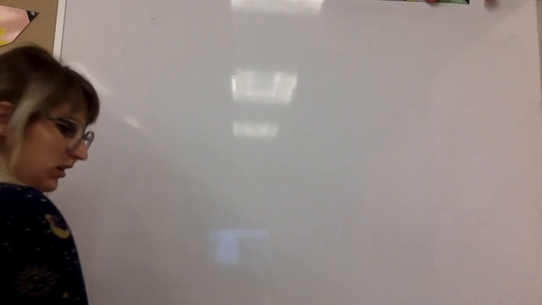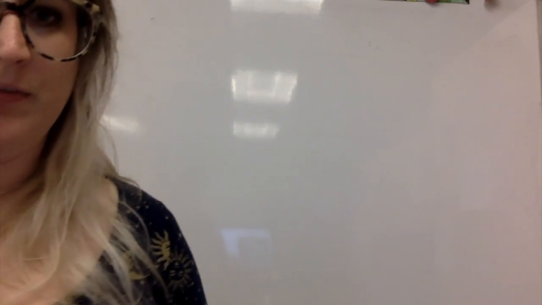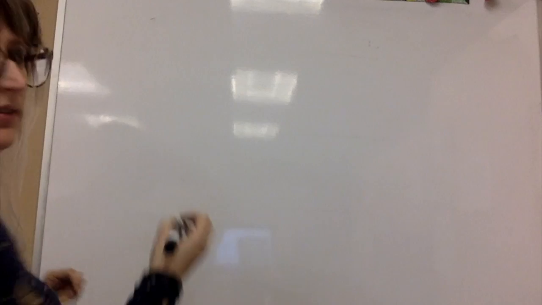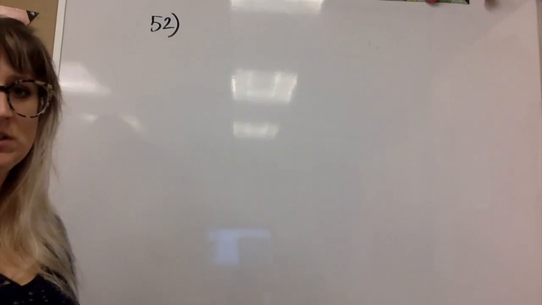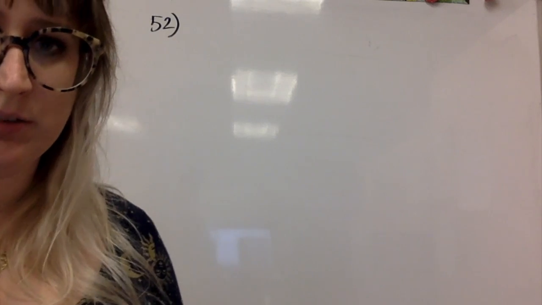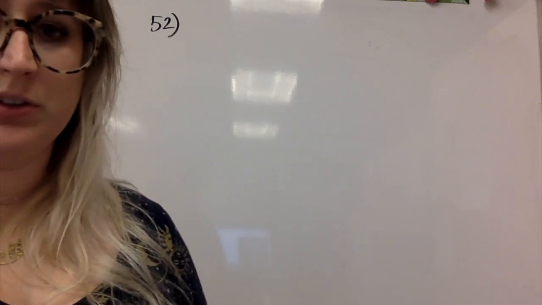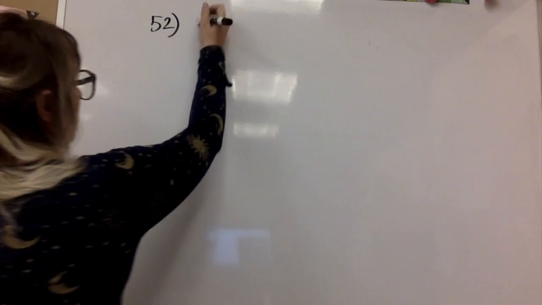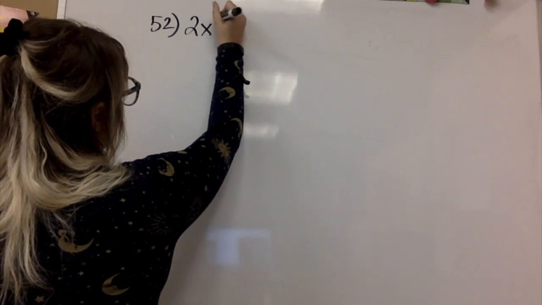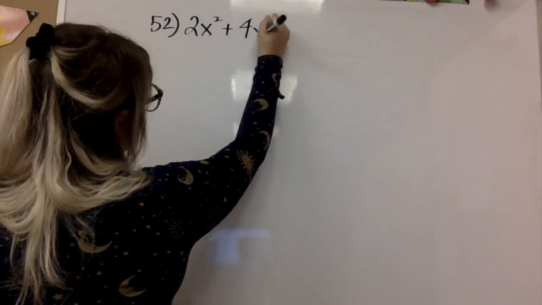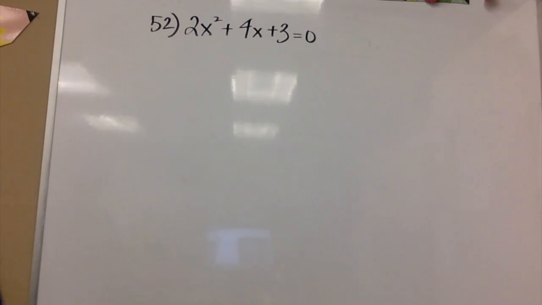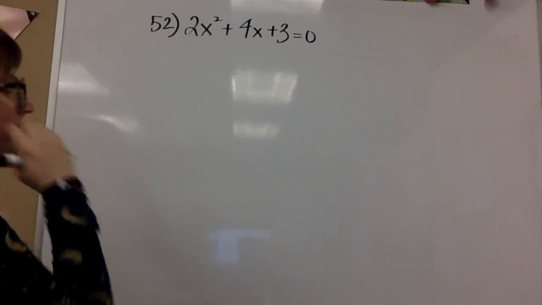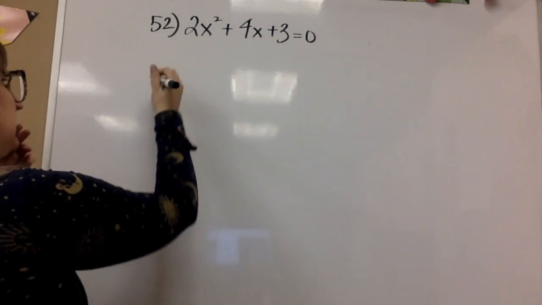Okay, a couple more. 52, use the quadratic formula to solve. So we got 2x squared plus 4x plus 3 equals 0. Okay, so we're going to use the quadratic formula, so sing along.